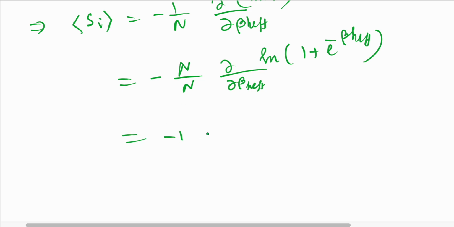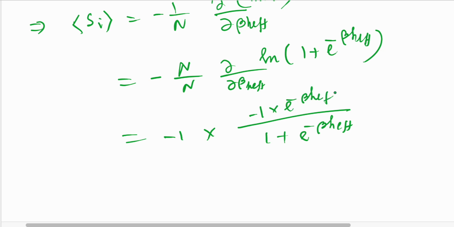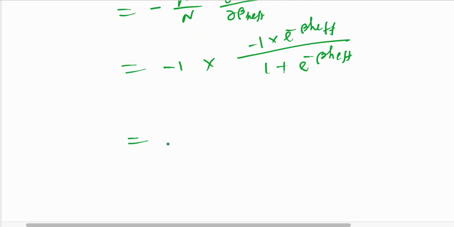So minus 1 into 1 by e to the power minus beta h effective, into minus 1, into e to the power minus beta h effective. So it is 1 by, if I multiply upside and downside by e to the power beta h effective, 1 plus e to the power plus beta h effective.